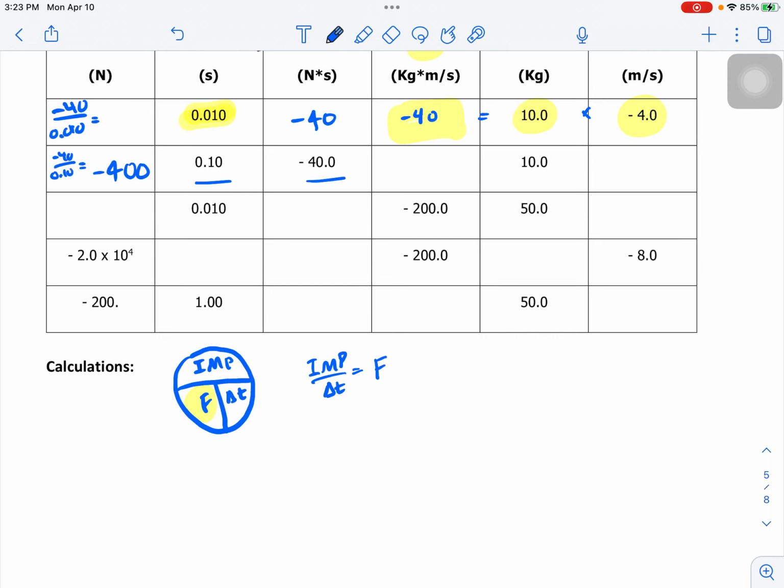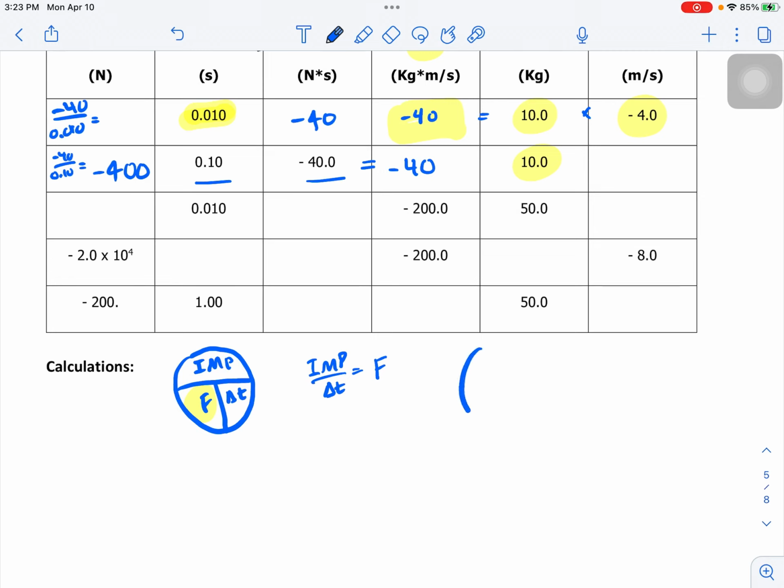Here we go. And you can simply copy over the change of momentum from the impulse. That's the same. And it looks like this value here is the same. So it looks like I'm going to have the velocity then.